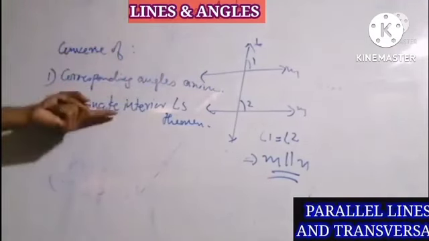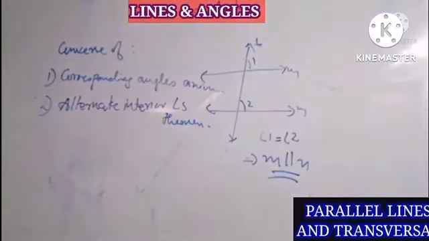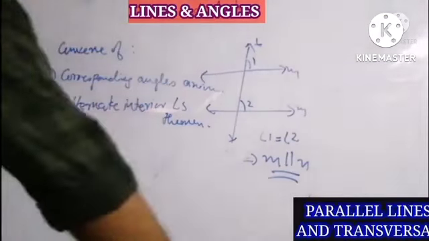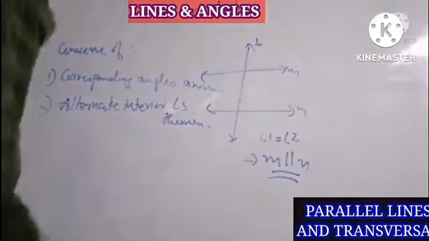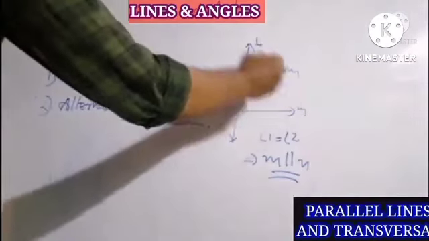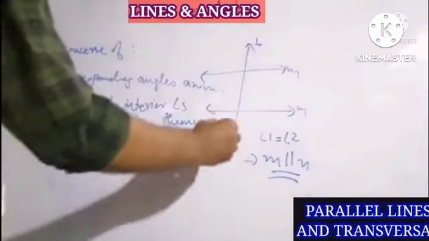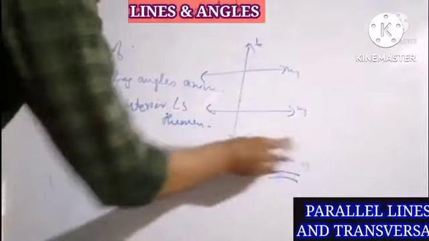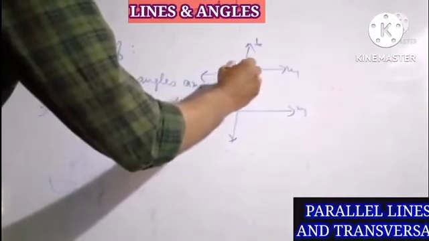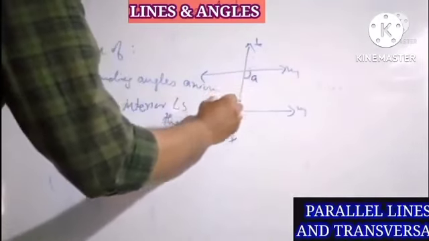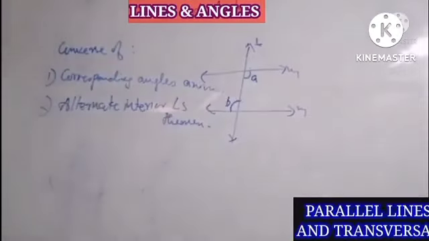Now what is the converse of the alternate interior angles theorem? Here, again given that M and N are two lines intersected by a transversal T, and let this angle be A and let this angle be B.